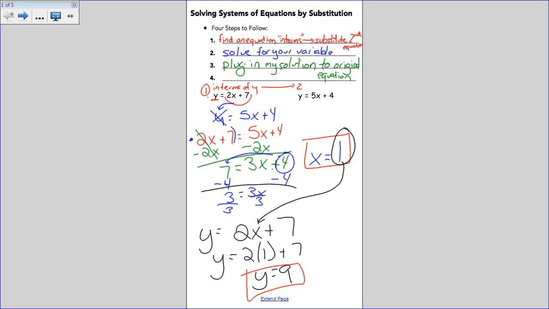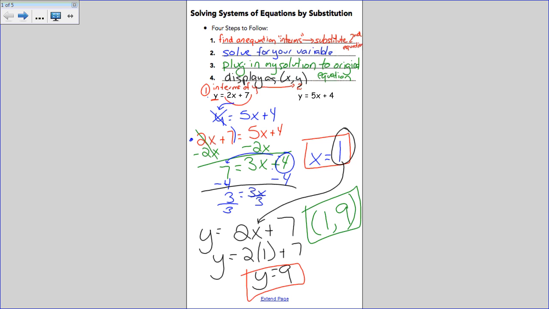Your very last step is to display your answer as an ordered pair in x comma y. The solution to my system of equations here is 1 comma 9.